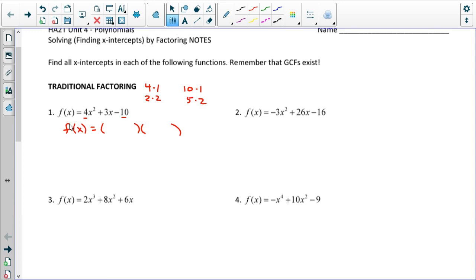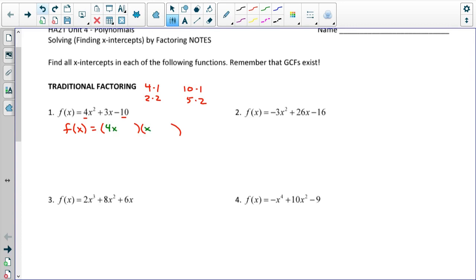Just a reminder from previous units that if I have, for example, 4x and x in here, I cannot put 10 or 2 in this spot because there's no greatest common factor in the original problem, and I can't invent a greatest common factor as things move along. So that's just something to keep in mind. If there was no GCF at the beginning, there's not going to be a GCF at the end.